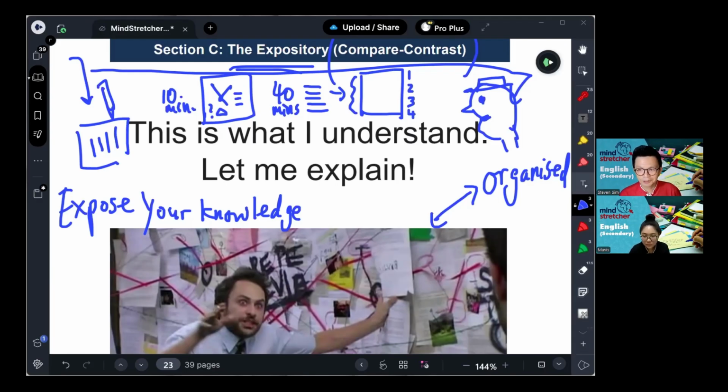Because the expository essay is about what you understand. If you don't understand it, you cannot write about it, which is why in most of your subjects, geography, history, and biology, you have to write expository essays, because they expect you to sit down and study.